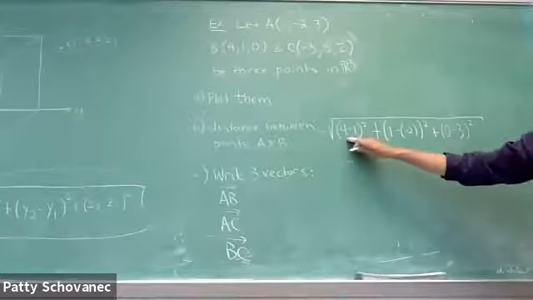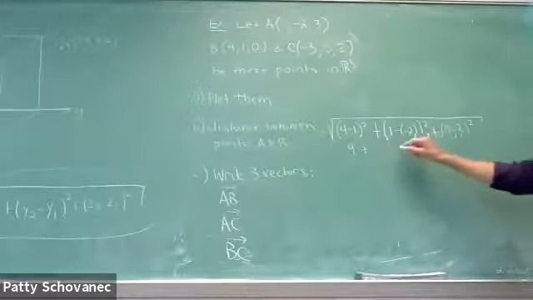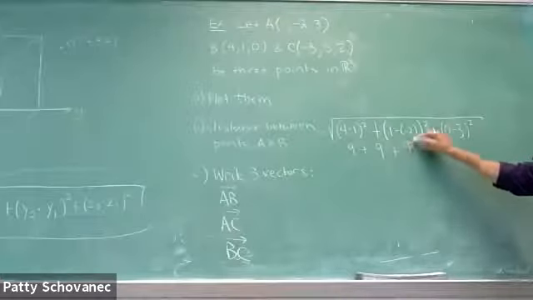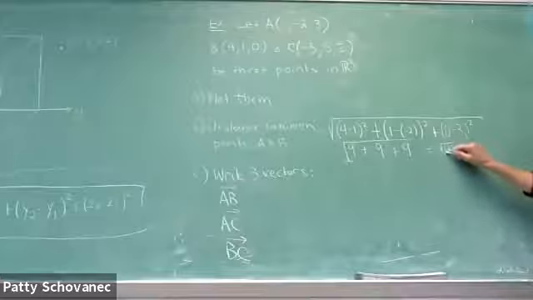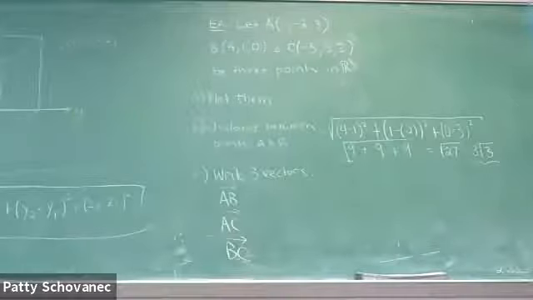So this gives me 3 squared is 9. That's another 3 squared is 9. And that's another 3 squared is 9. So I get the square root of 27, or 3 square root of 3. Okay?